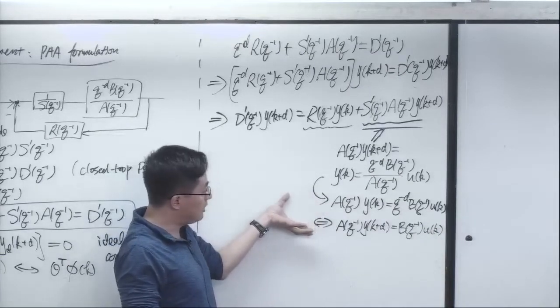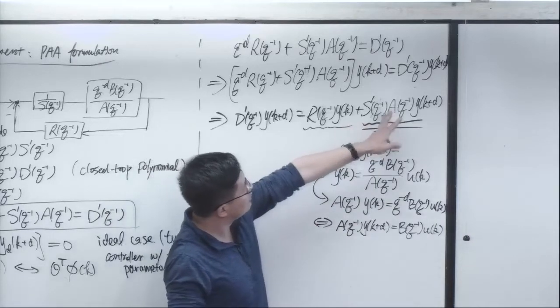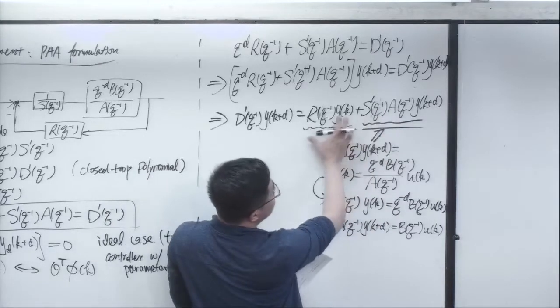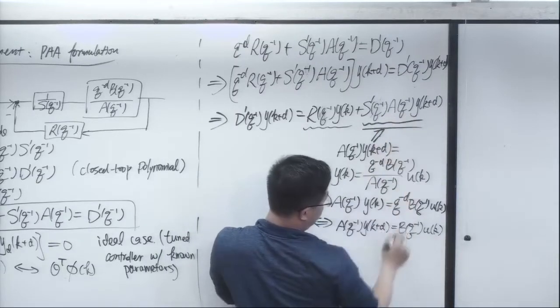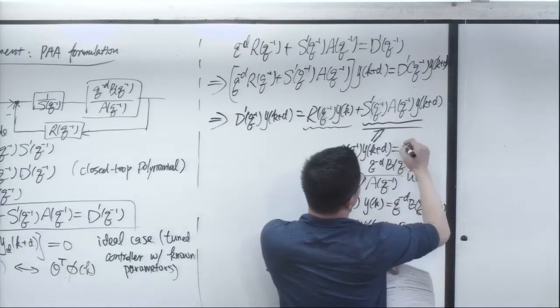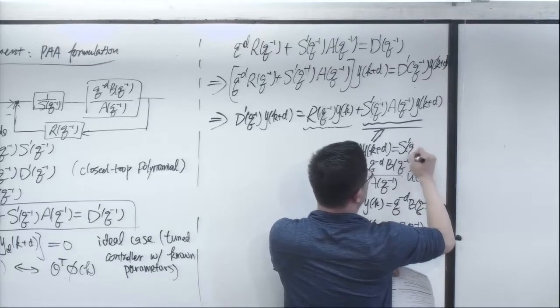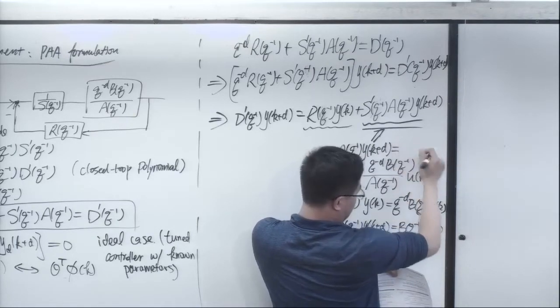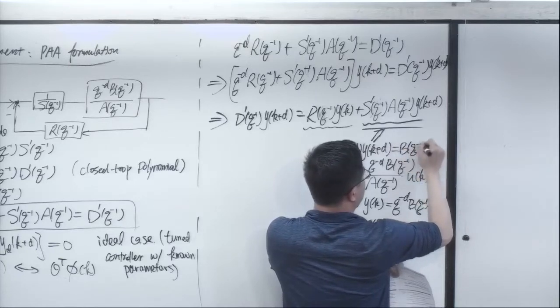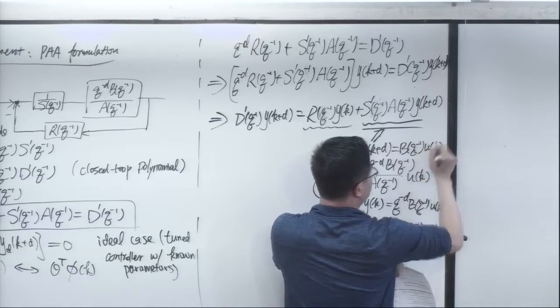So the key point is this looks like some mixed multiplications, but this really is just S prime BQ inverse UK.